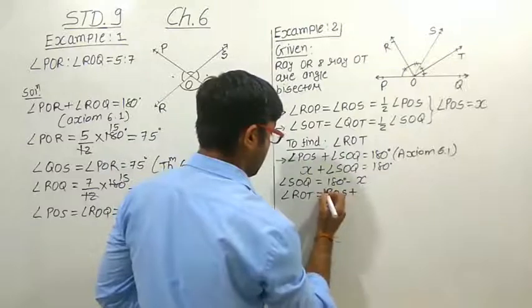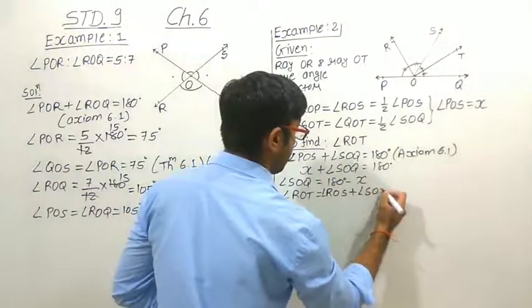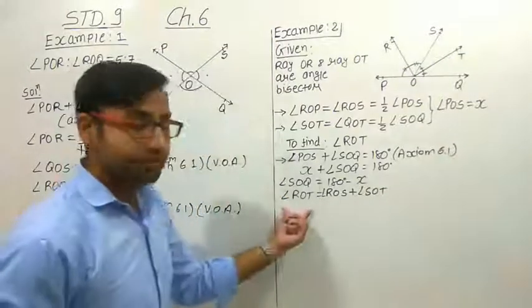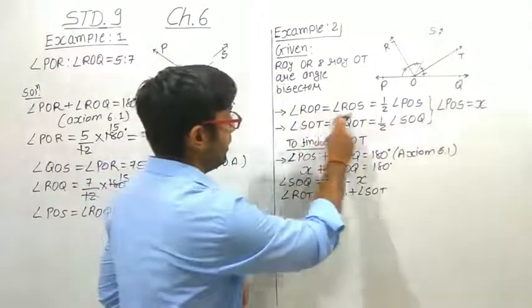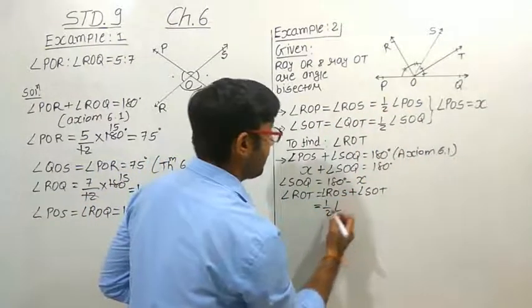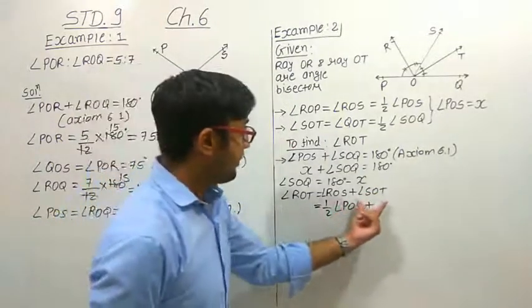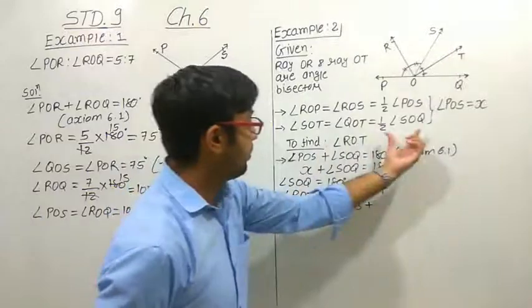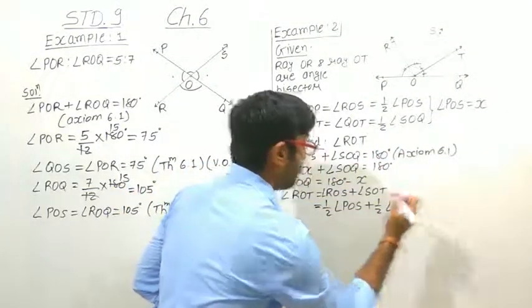Instead of ROS, we write 1/2 of angle POS, plus instead of SOT we write 1/2 of angle SOQ.